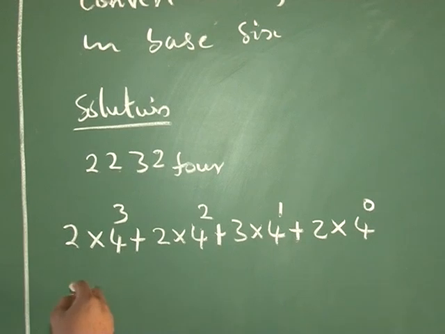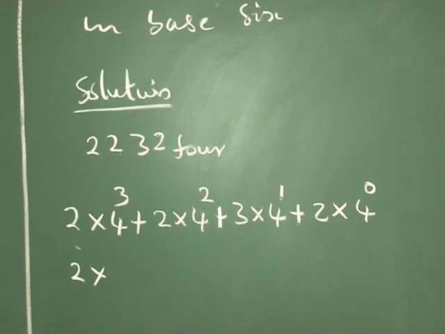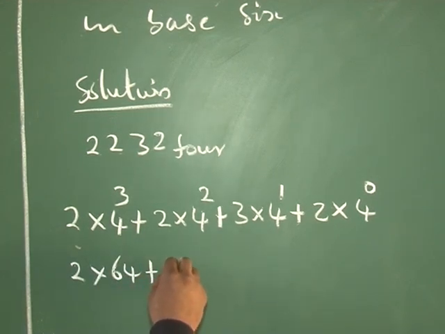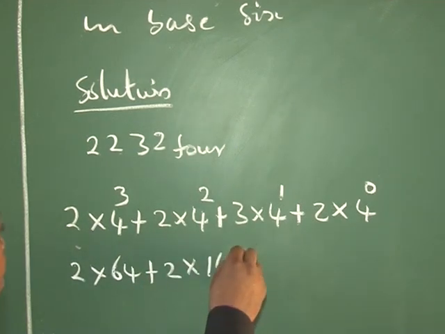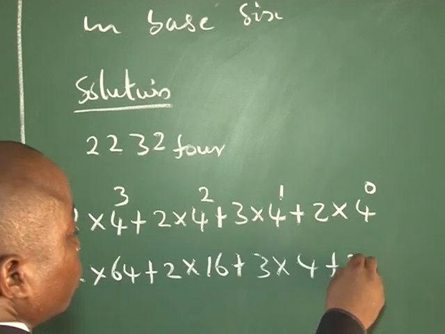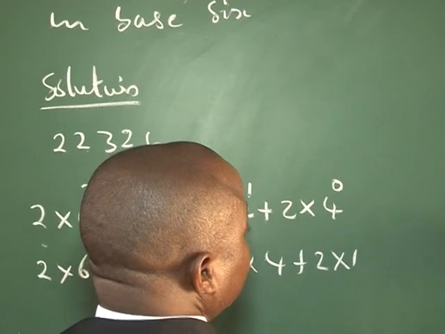Now we'll simplify it to have 2 times 4 raised to 3, which is 64, plus 2 times 4 raised to 2, which is 16, plus 3 times 4 raised to 1, which is 4, plus 2 times 1, because 4 raised to 0 is 1.